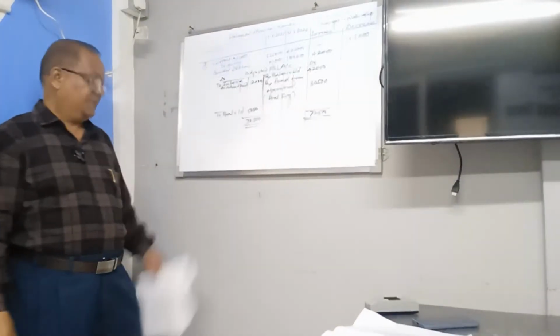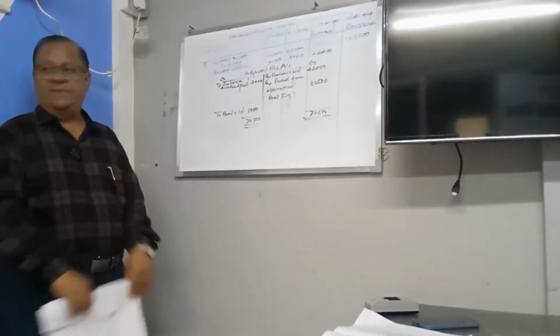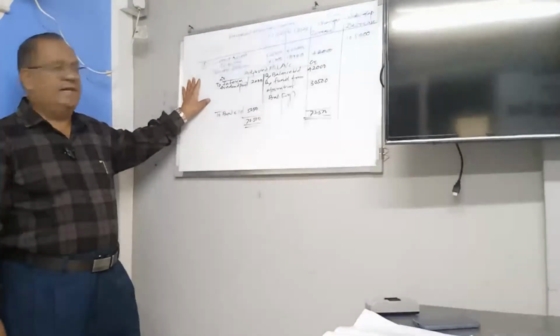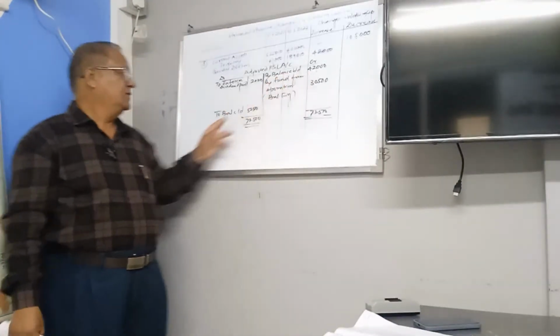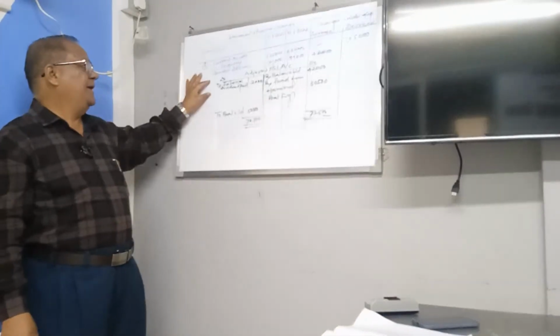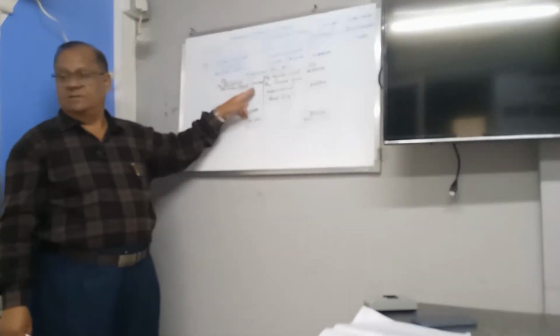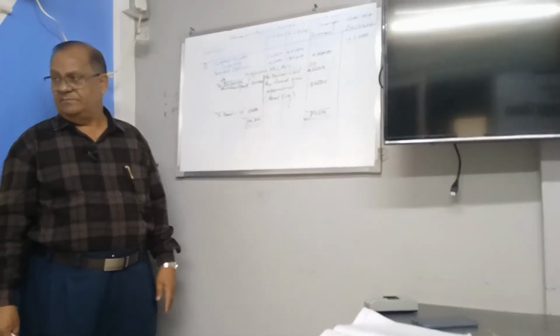Now just see from this how we have to ascertain funds from operation. You take by balance brought down, it is on the liability side, to balance carried down, and they paid interim dividend of 20,000. Then you will get the balance sheet figure, which will be funds from operation.